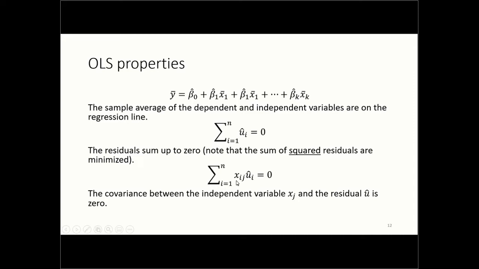What this means is that the covariance of x_j, the independent variable, and u hat, the residual, is 0. So again, we see no relationship between the independent variable and the residual, which means for any given x, the u's would basically be summing up to 0.